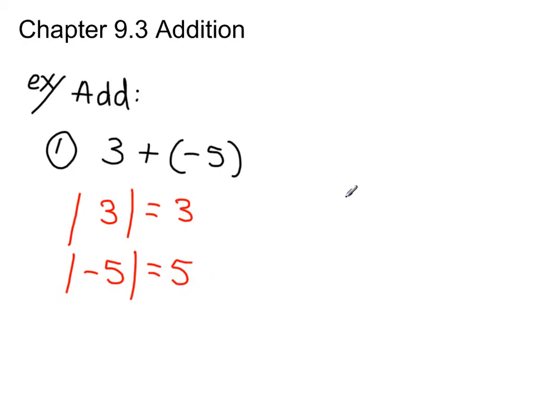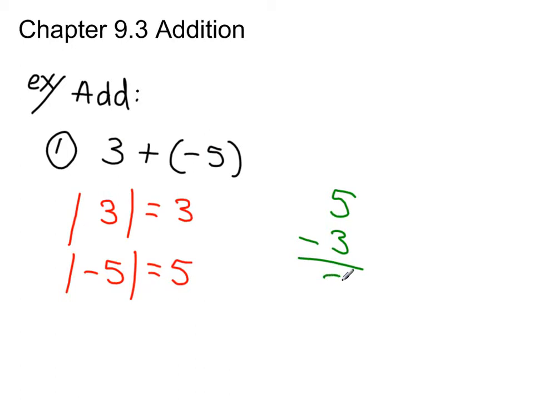All right, good deal. So we're going to take 5 and 3, and I'm going to order them this particular way because of the signs. Since 3 is positive and 5 here is technically negative, they have different signs. And when the signs are different, I'm going to take the bigger absolute value and subtract it by the smaller absolute value.